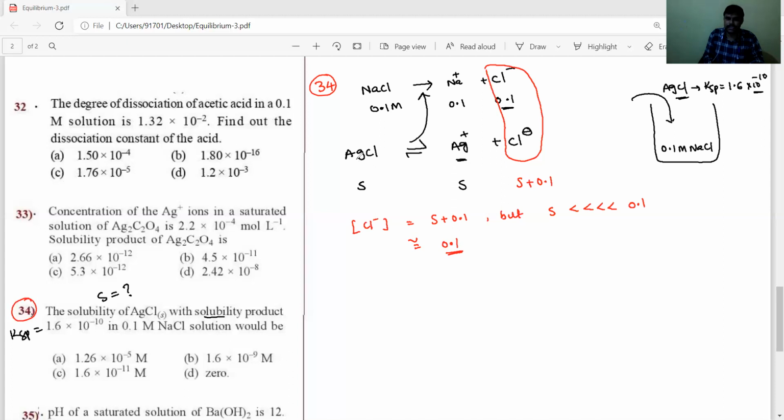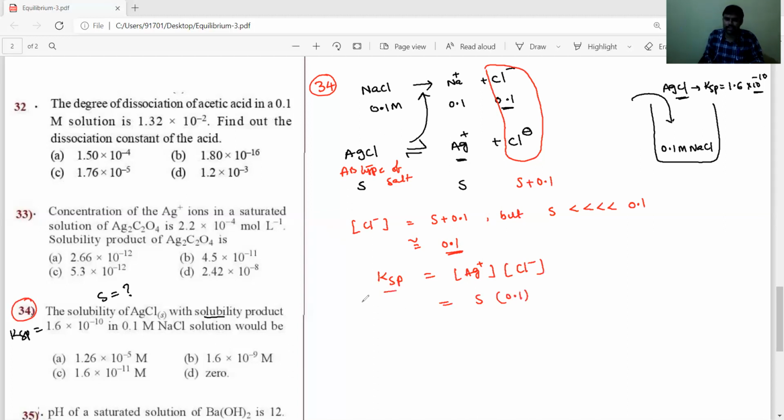And this AgCl is an AB type of salt. So for this AB type of salt, solubility product KSP is equal to the concentration of Ag plus into the concentration of chloride ions, S into 0.1.